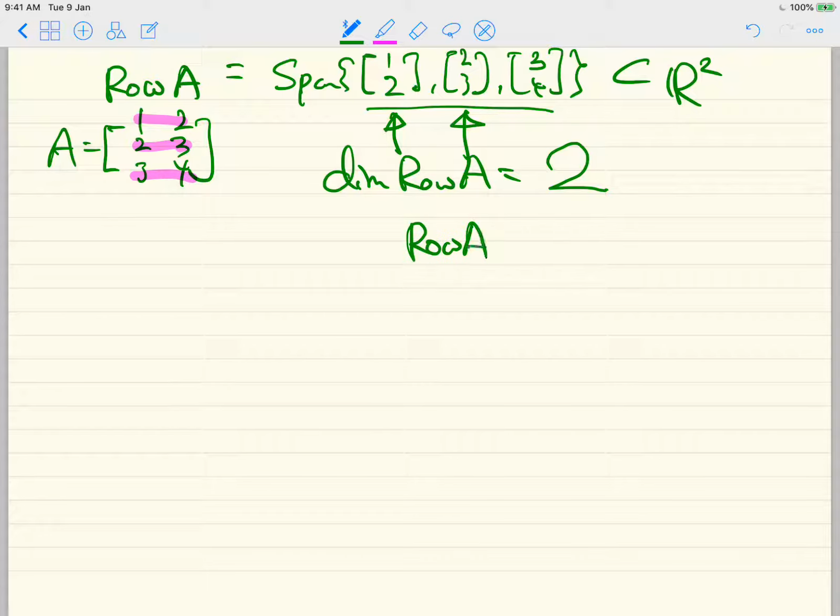So here this entry should be 0, and this one should be 0, and this one should also be 0, right?